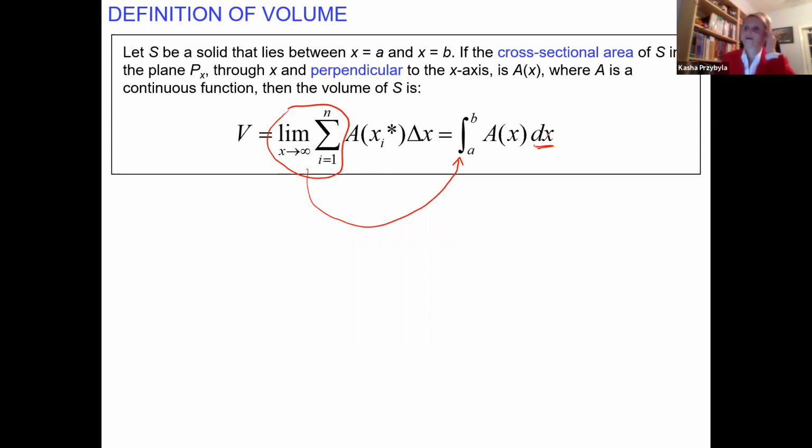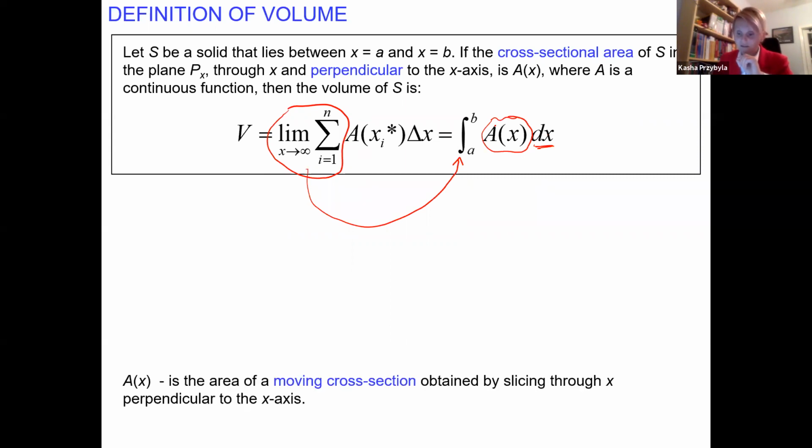But we will have relatively easy shapes, still not cylinders, but relatively easy with respect to this cross-sectional area. We will be able to find it easily. Let's see, because we will only focus on solids of revolution.